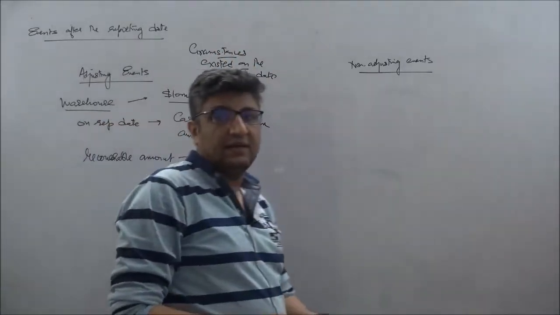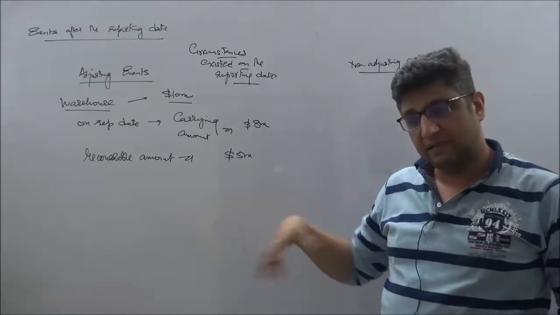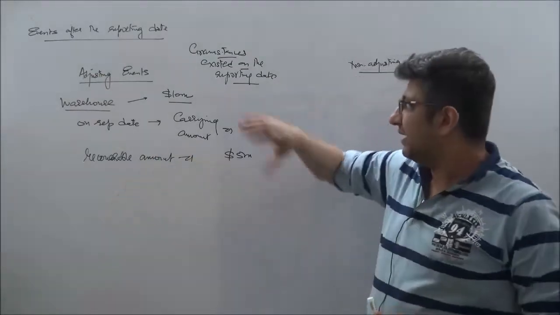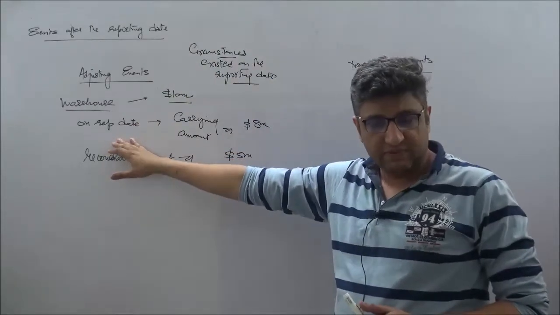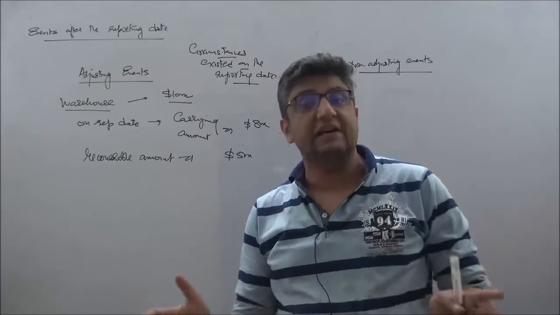All right. For example, this decline in the value of that particular warehouse, and the situation was always there on the reporting date as well. It's just that it had not got really very clear in front of us.